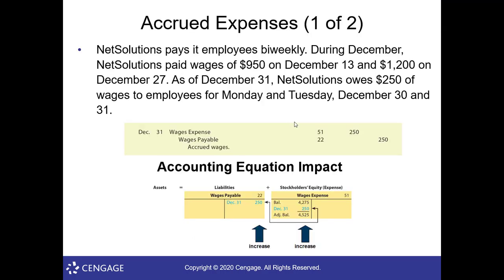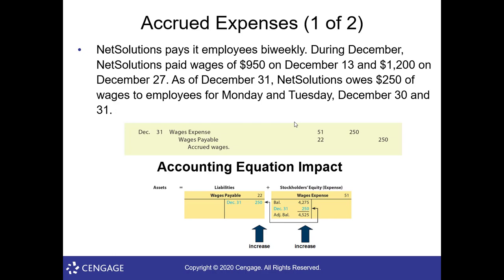So accrued expenses, as I said, the employees are paid bi-weekly on a Friday. December 27th, it was a Friday. So the 28th was Saturday, Sunday, Monday, Tuesday. Tuesday is when the month ends. So we owe for that Monday and Tuesday $250 in wages to our employees for December, even though they're not going to be paid until the second Friday in January.